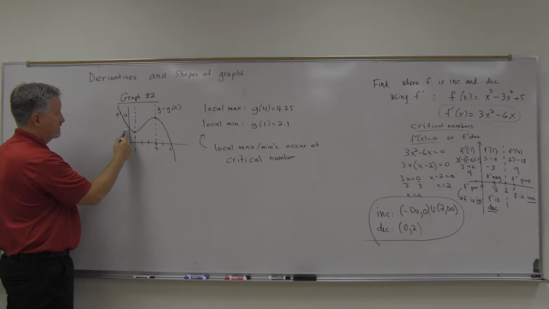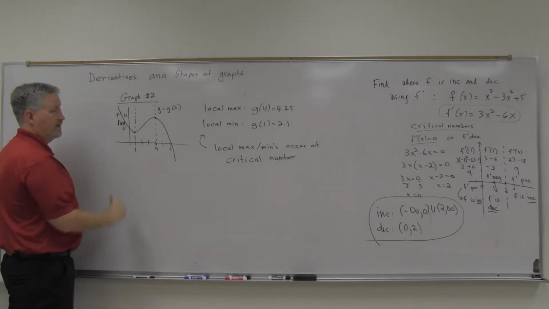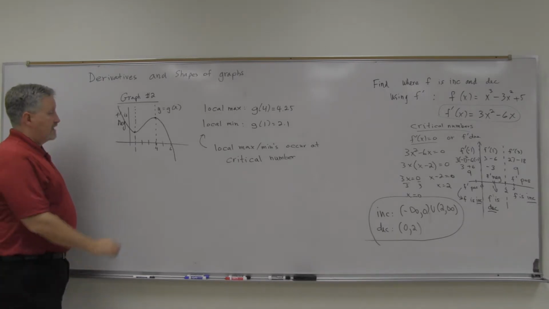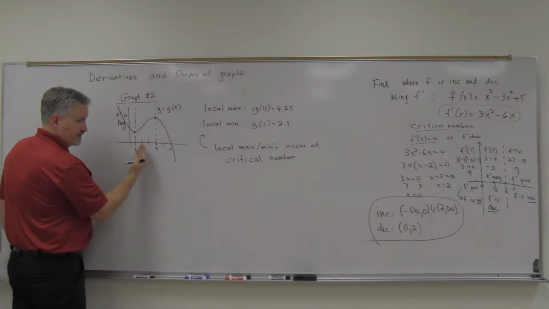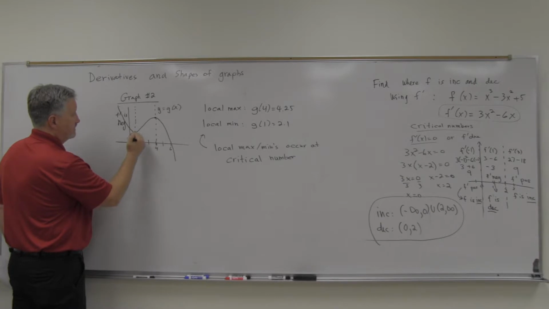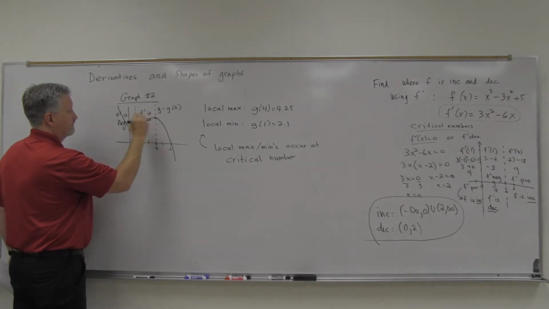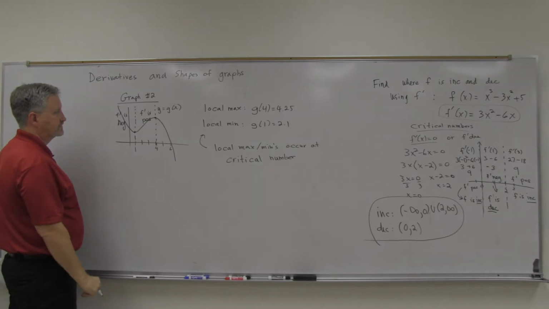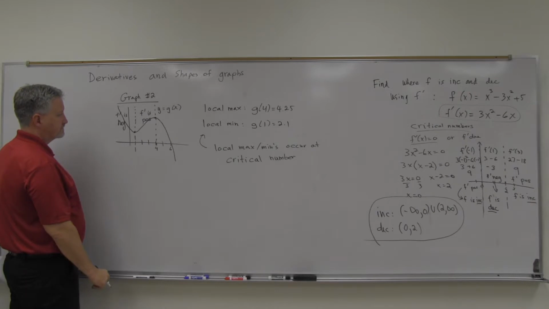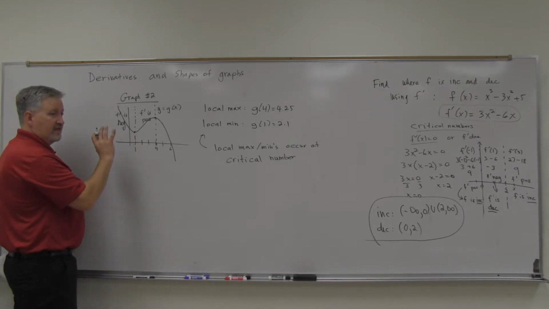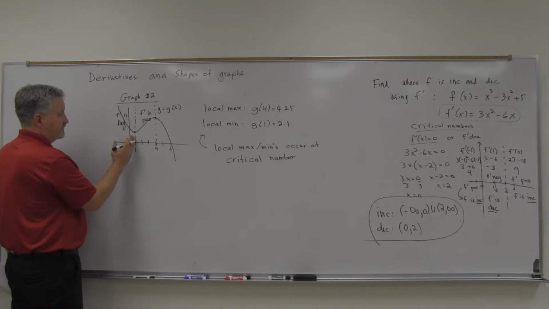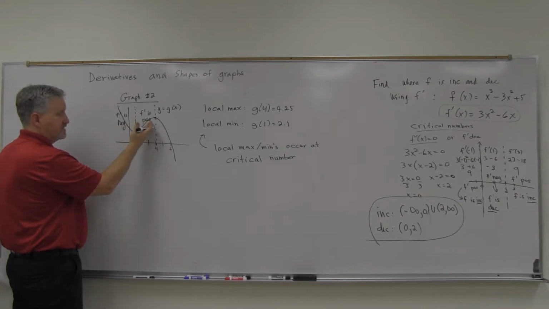Well, the slopes are negative, so the f primes are negative. To the right of our local min, our f primes are positive. And so, to the left of a local min, f prime is negative. To the right, f prime is positive.